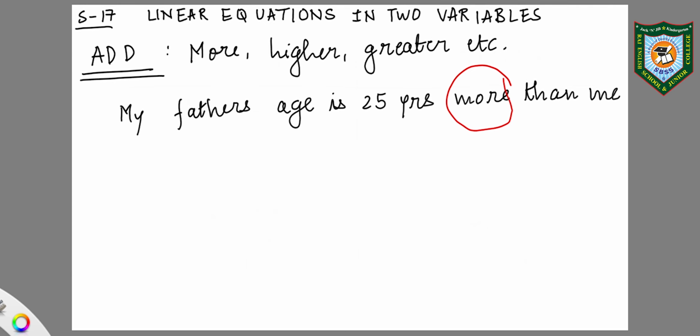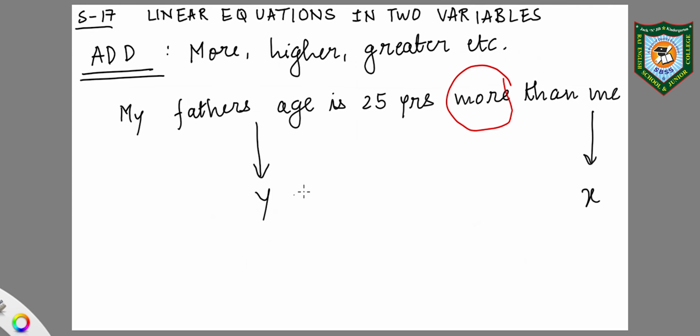The reason why more is important here is because I do not know my father's age. So I'll have to write my father's age as y and my age as x. That means I'll have two unknown variables. But the statement clearly says that my father's age is 25 years more than me.